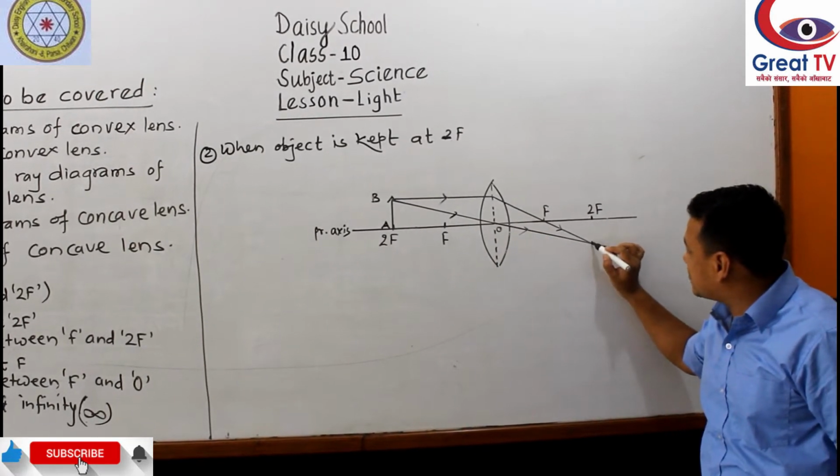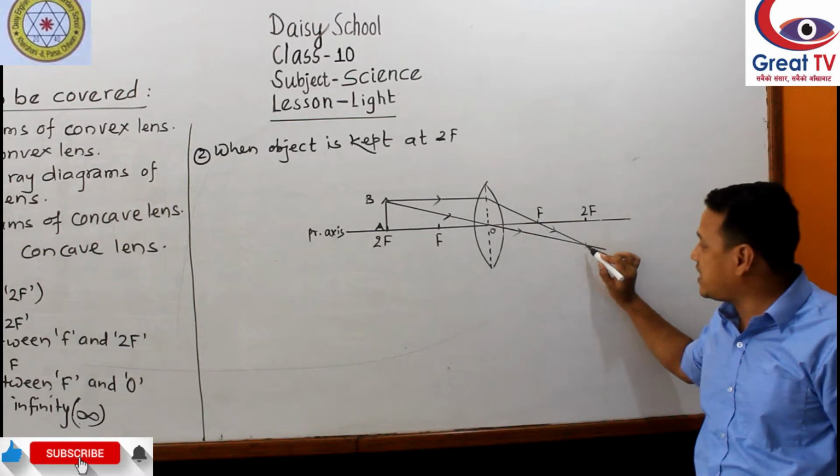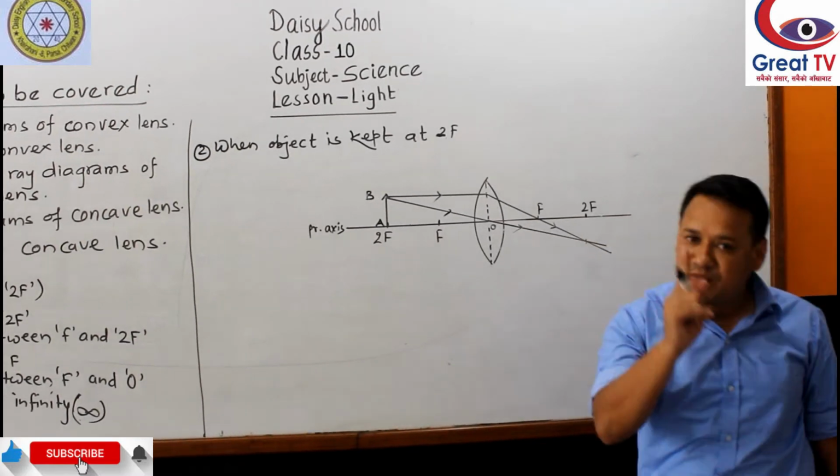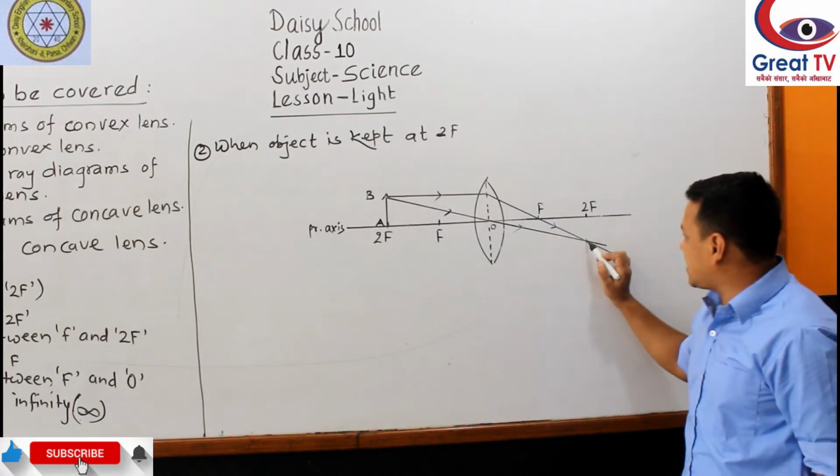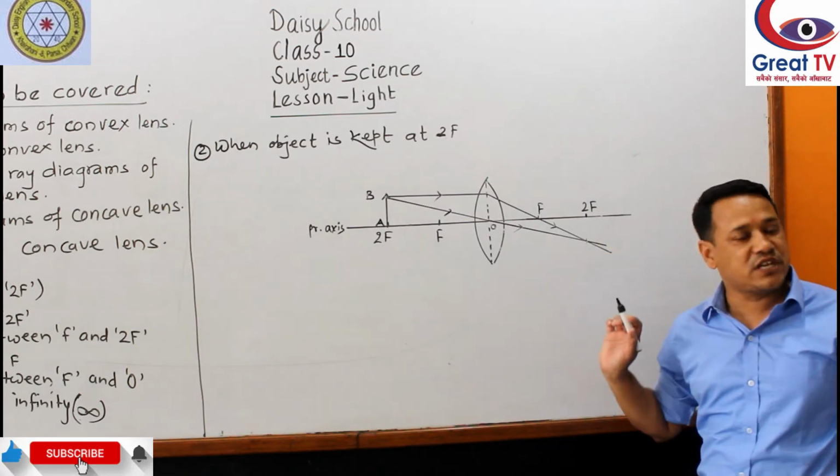This is the intersecting point, and at this intersecting point the image is formed. You know this because we discussed it in the previous video.